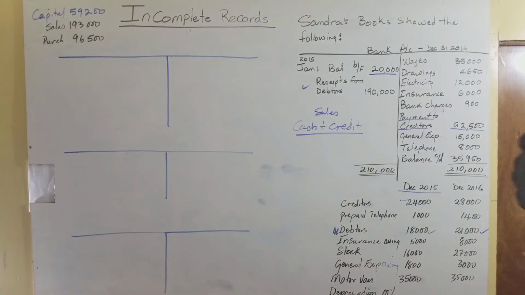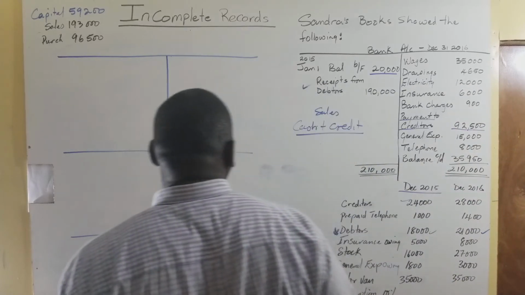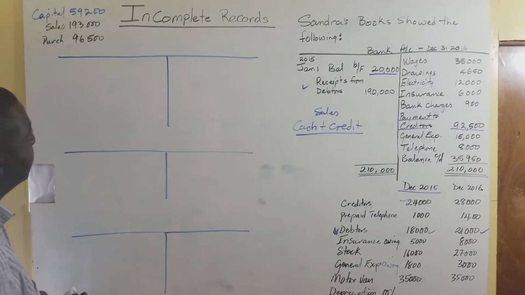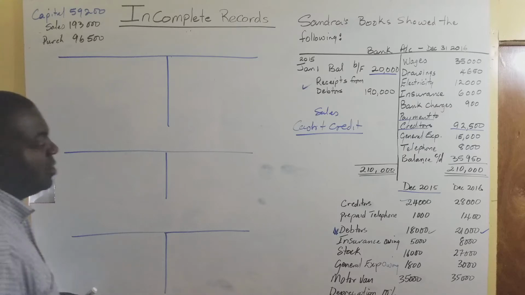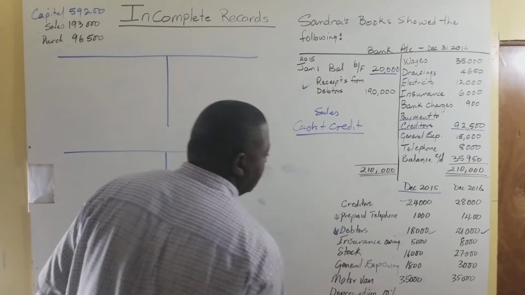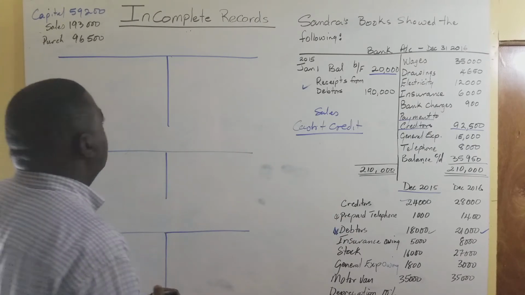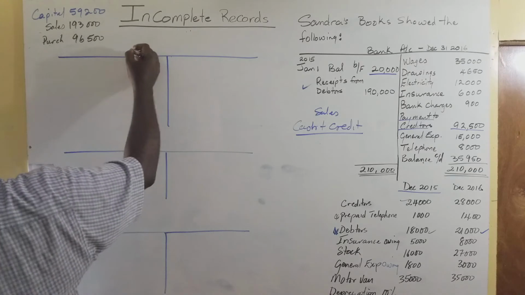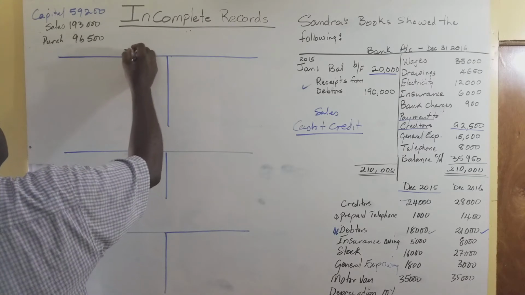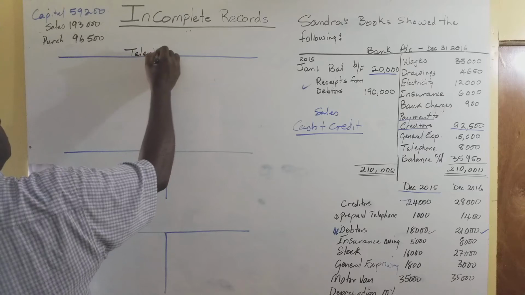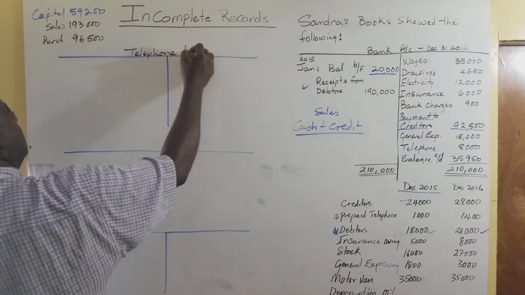So now we are going to do the adjustments for expenses, and we'll proceed to look at the first one, which is telephone. So a telephone account as an expense.